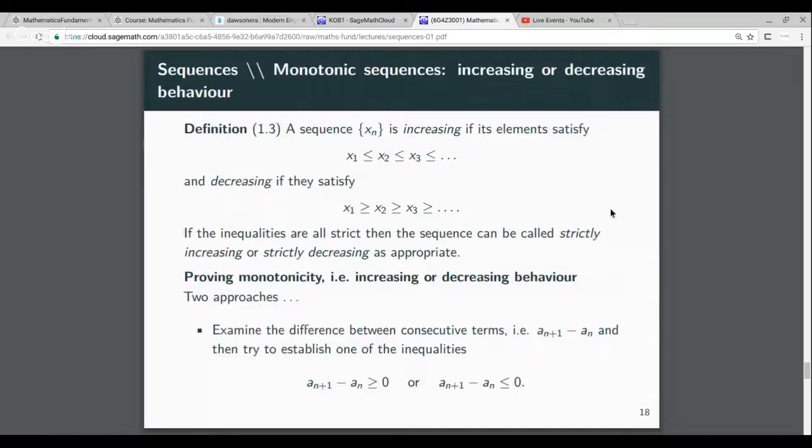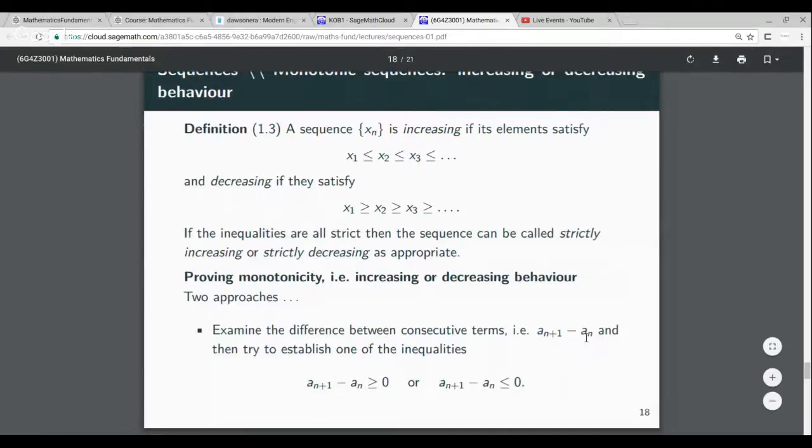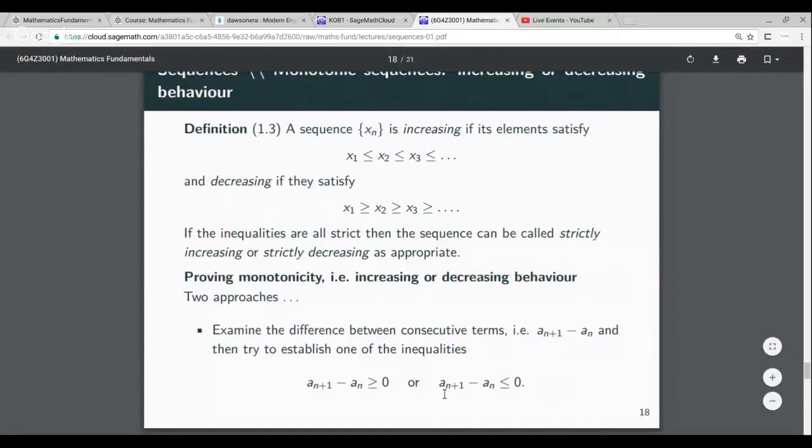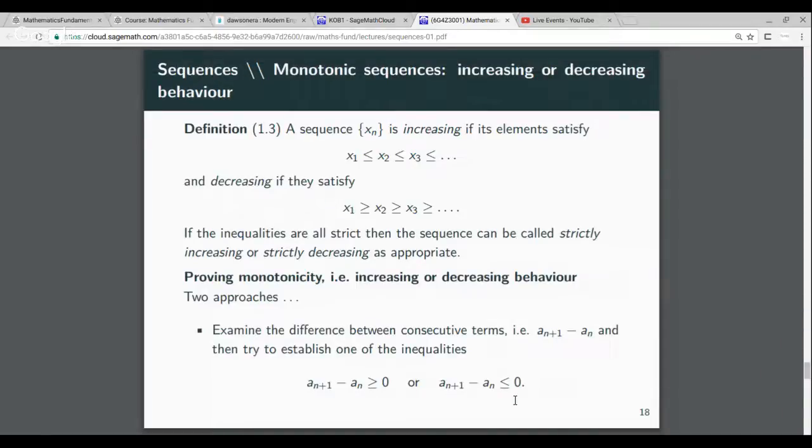That's where you examine, in general, the difference between consecutive terms. If you're dealing with the sequence an, you try to express the difference a(n+1) minus an, the difference between a general term a(n+1) and the term that came right before it, an. When you express that quantity and simplify it as much as you can, if you can show that it's always greater than or equal to 0, or always less than or equal to 0, then you will have established increasing or decreasing behavior as appropriate.